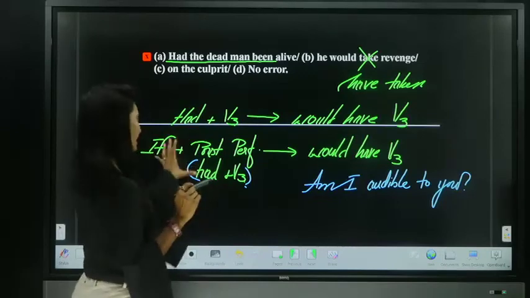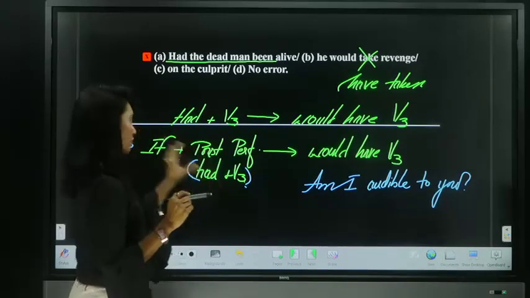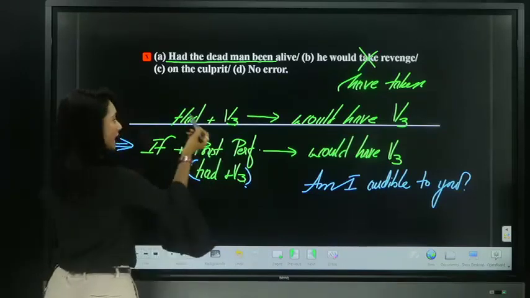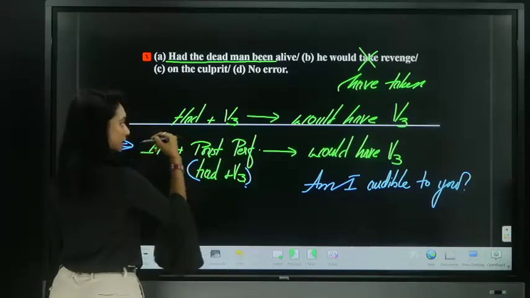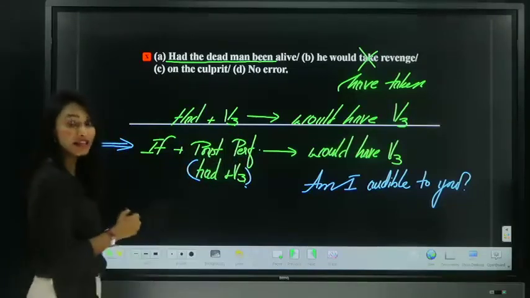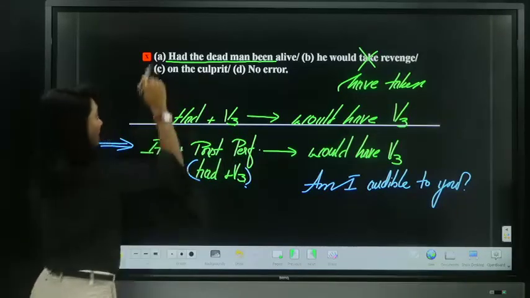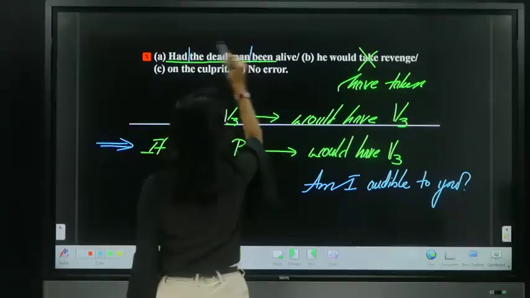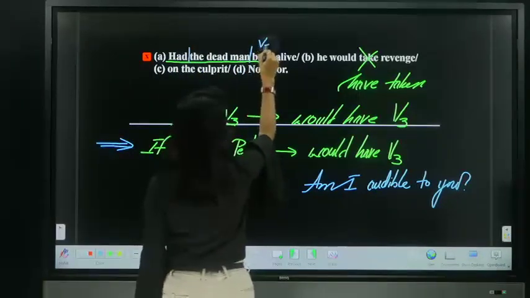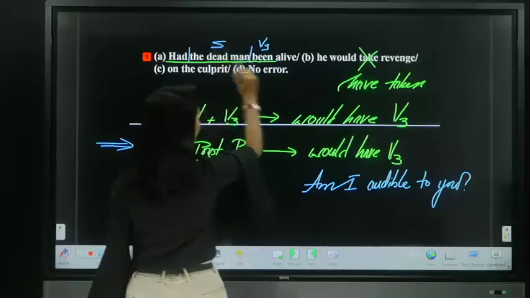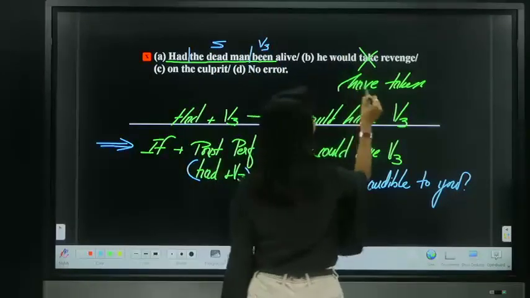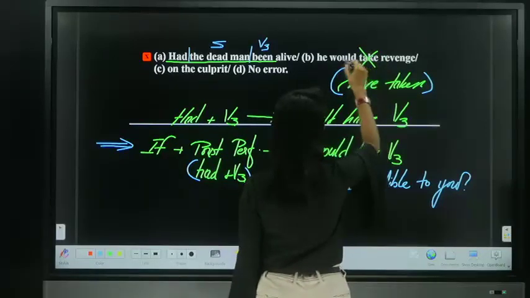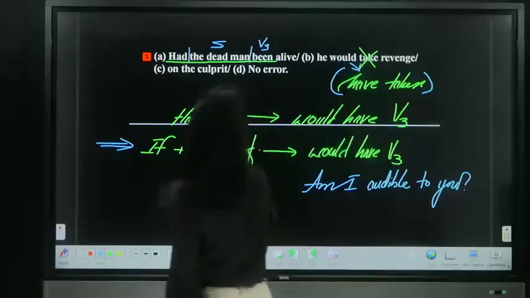Now this structure can also be written without if. In such cases, had should come before the subject: had plus subject plus V3, followed by would have plus V3. So not would plus V1, but would have plus V3: would have taken revenge on the culprit.